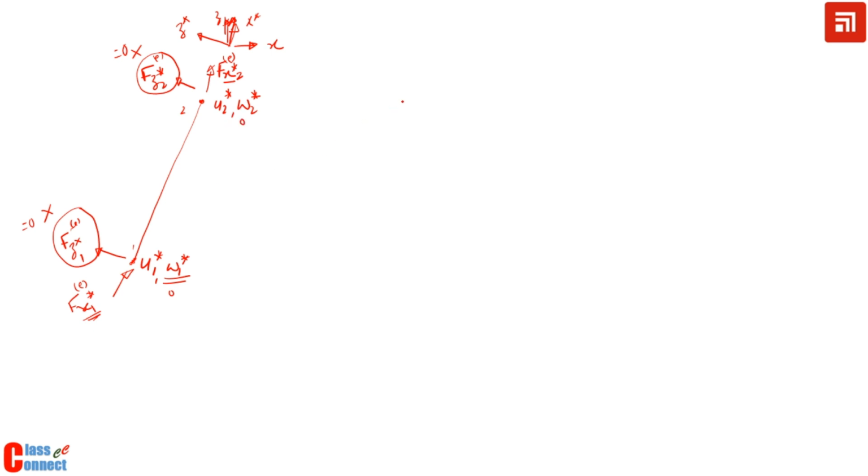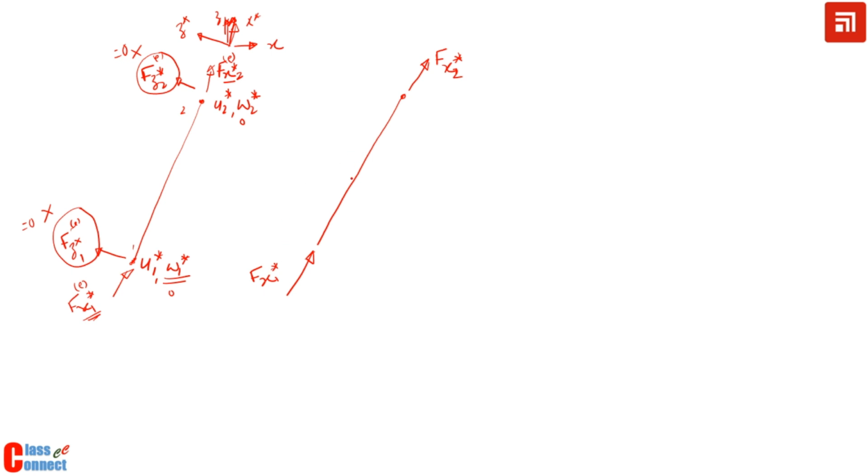Now we can redraw this as a simplified truss member so that we can understand the concept we have applied. Sorry, this is node number 2, and here it is fx1 star.